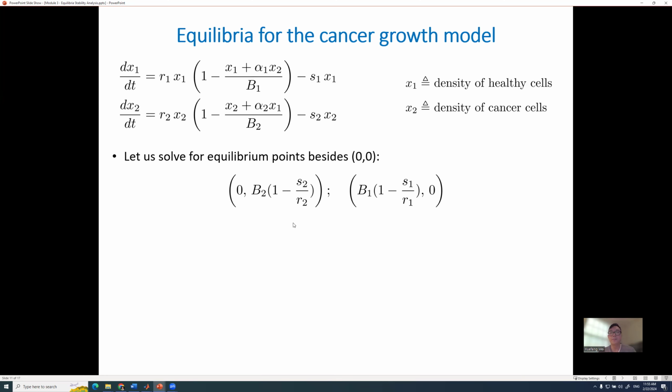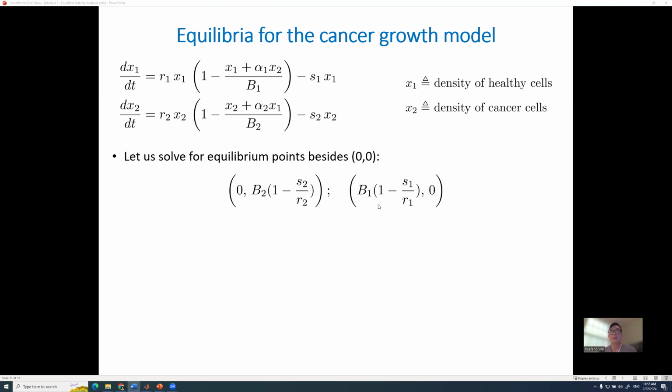One is what we call the deadly condition, where there are no healthy cells left, so the cancer cells triumph. This one here is what we call a condition of complete remission. That means no cancer cells survive. X2 is 0. There are no cancer cells, and only the healthy cells remain.